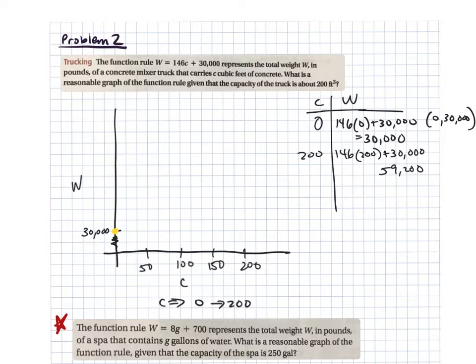Okay, so here I made it 3 of these 10,000. So we have our 30 to almost 60 here. So we have a graph that's going to fit this. And we have another point here that's (200, 59,200). So that's going to be the highest point here. Maybe something like that.